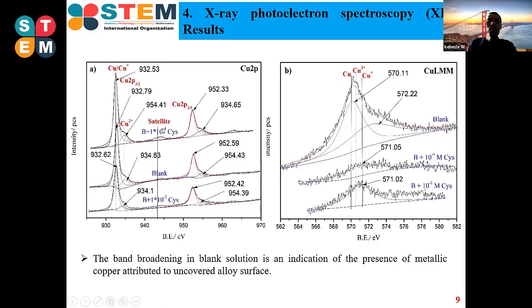This copper 2 is specially characterized by the presence of the satellite peak here, and also around here, 932 point something is assigned to copper 2, and here are assigned to copper 1 or copper 0. It's difficult to differentiate. They overlap, but here we can differentiate.